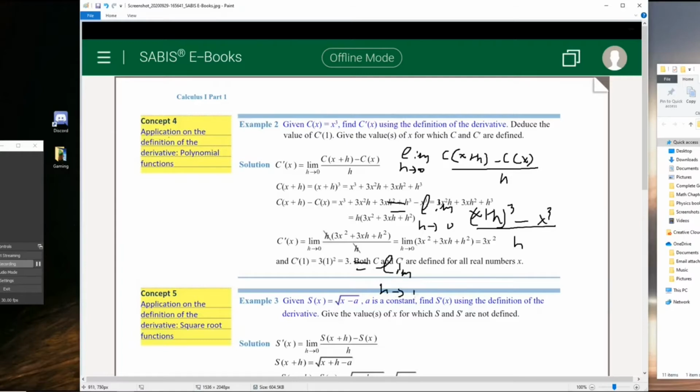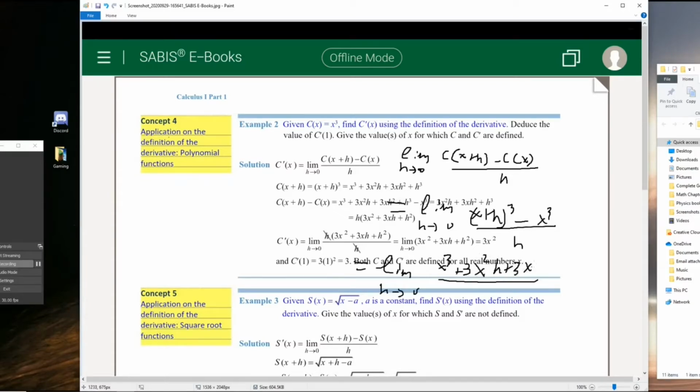Expand. Remember this, I wouldn't say memorize, but get familiar with it. For example, for the squared one, you get x squared plus 2xh and then plus h squared. For this one, it's going to be the same power at the beginning, and then you have a coefficient. There are multiple ways to do it, but I'm not going to go through the process. You multiply by x squared because the power decreases, and then you have h.